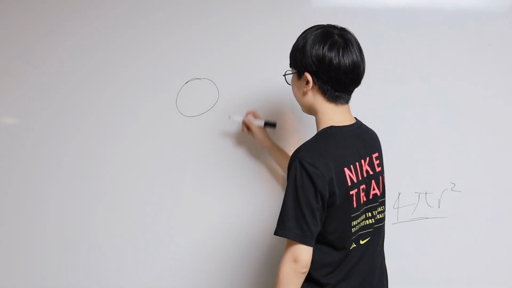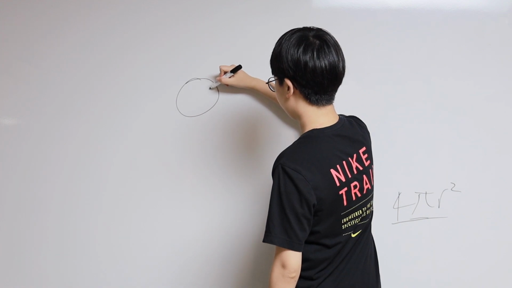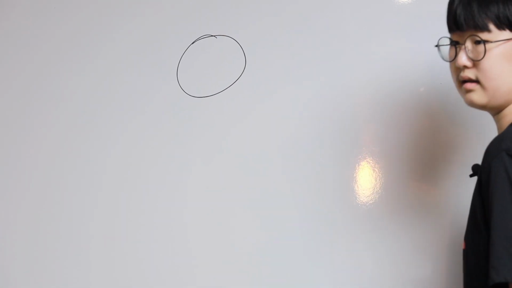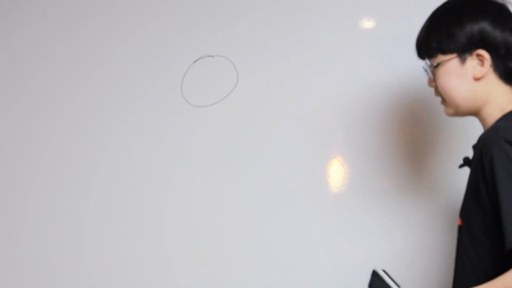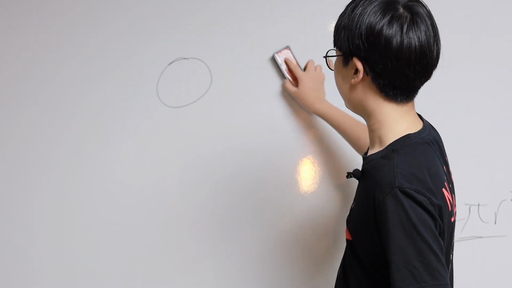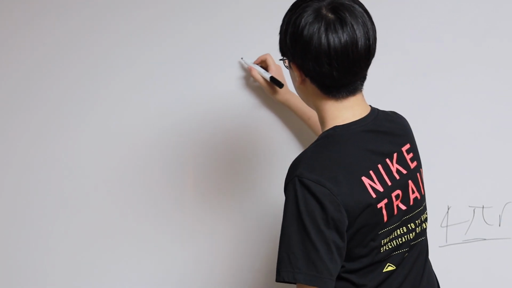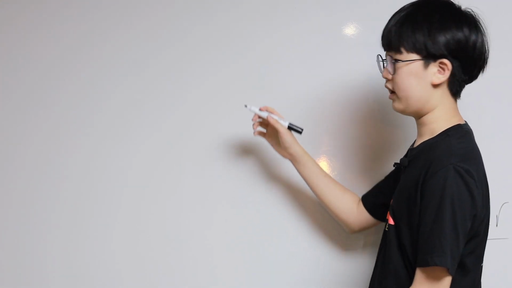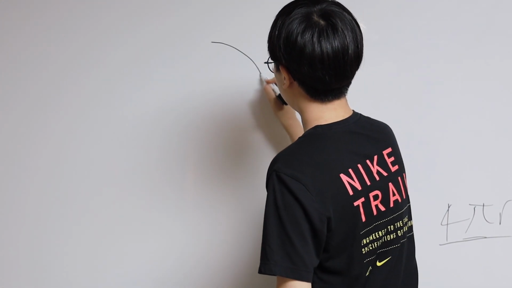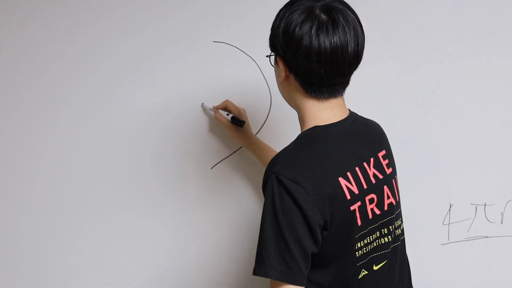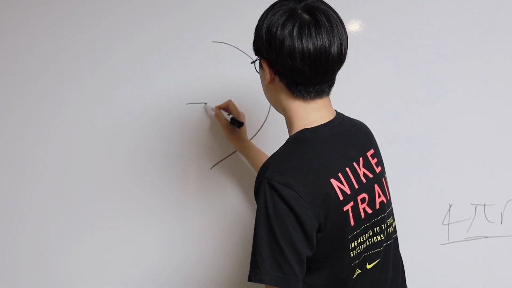So there's a sphere, and let's say that we sliced the sphere so we can see it better. I am only going to draw a part of it. Here is the circle, and wait.